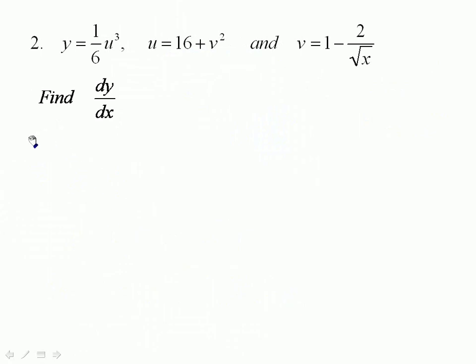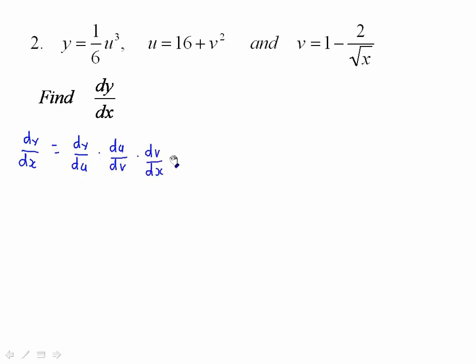So the chain rule, once again, will tell us that when we have functions nested inside another function like this, dy dx would be equal to the derivative of y with respect to u multiplied by the derivative of u with respect to v multiplied by the derivative of v with respect to x.